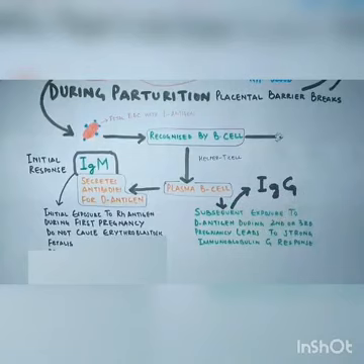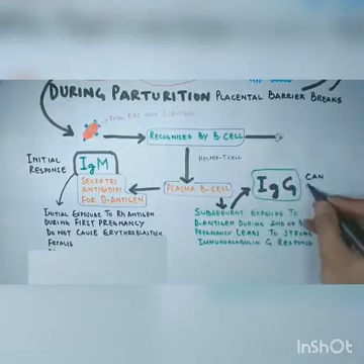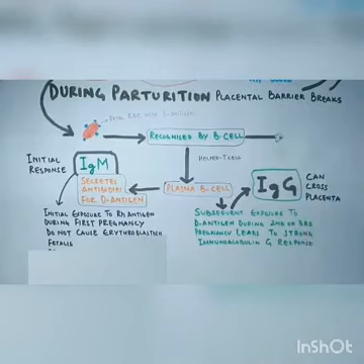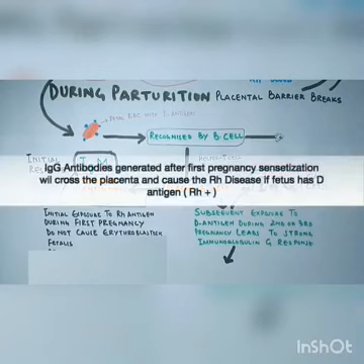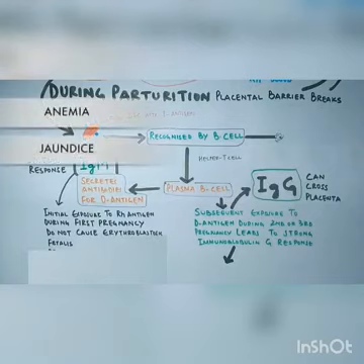Here the antibody produced is IgG, which is carried across the placenta into the fetal circulation. This causes the hemolysis of fetal RBC, resulting in hemolytic jaundice and anemia. So this is called erythroblastosis fetalis or hemolytic disease of the newborn.